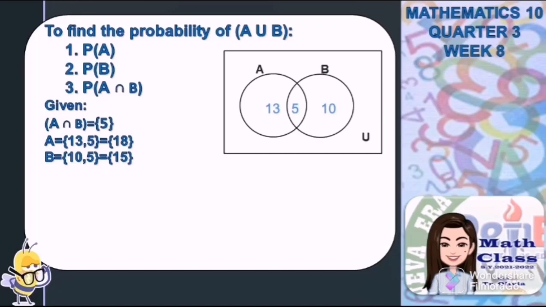Now, how are we going to find the probability of the following? Take note, to get the probability of an event, we need to add all the elements present in the given set. So we're going to add set A and set B, which leads us to 33.